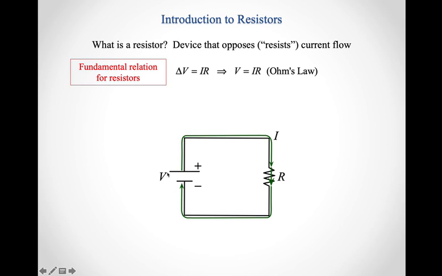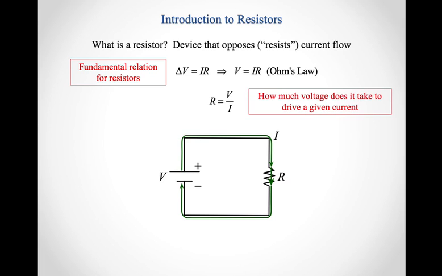So here's a situation where this V here is the same as the voltage of the battery. Just remember, in Ohm's law, that equation, this is really the voltage across the resistor, not necessarily the voltage of the battery. That'll only happen in very special circumstances where there's only one element in the circuit.